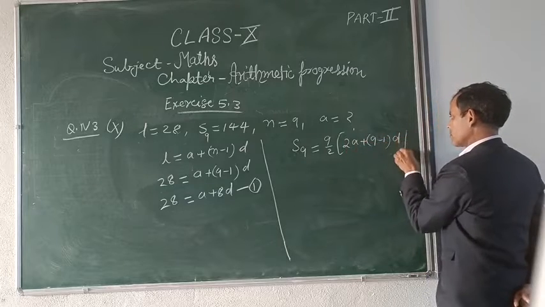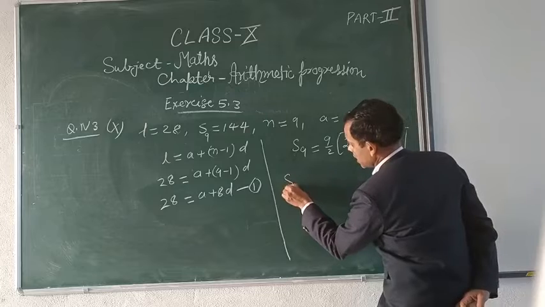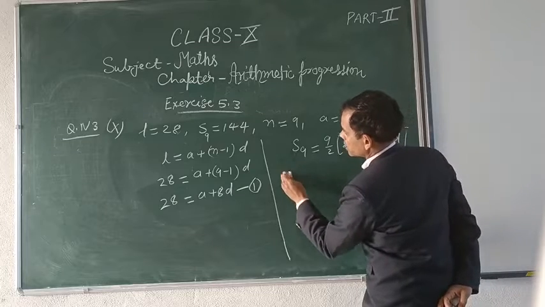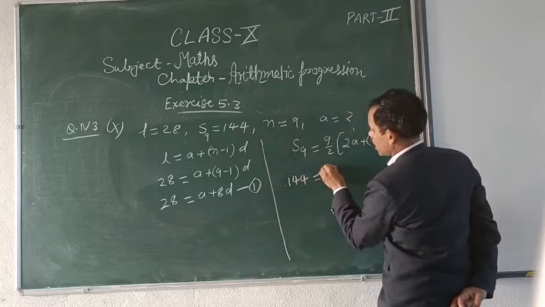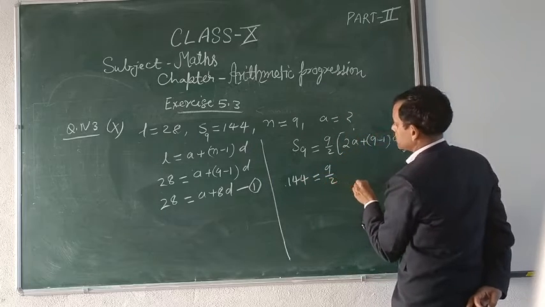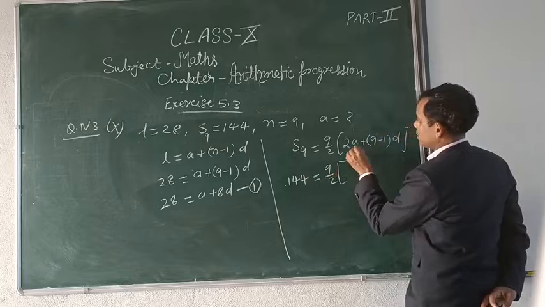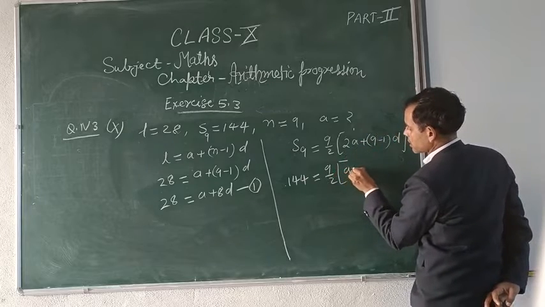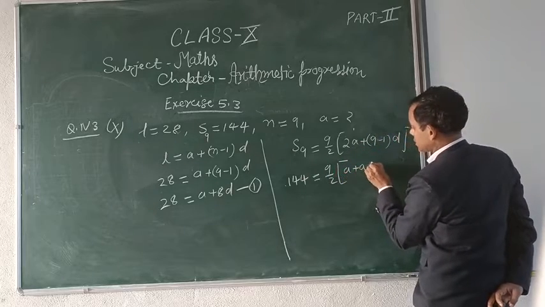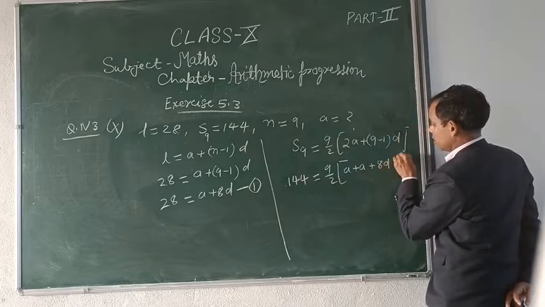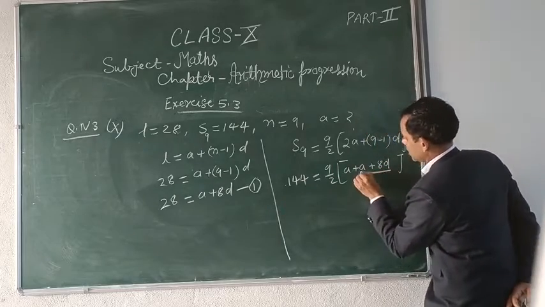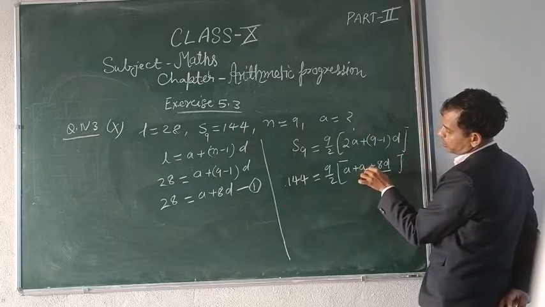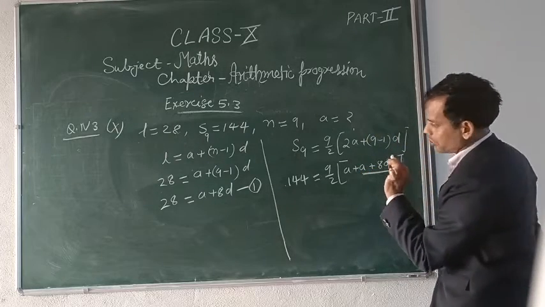So 144 equal to 9 by 2, then it can be written as a plus 8d. From equation first, in place of a plus 8d, we can put 28.